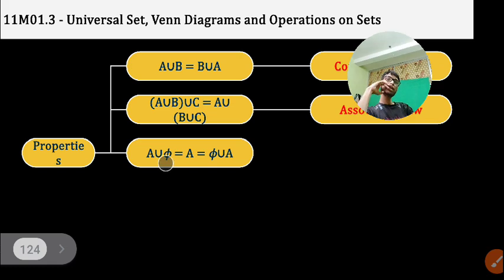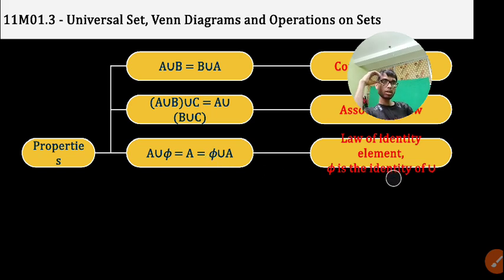Now here we are saying A union phi, this plus this is equal to A. Yes, because we have empty set, there is no element, that's why this will be equal to set A, and this is also equal to phi union A, because we don't have elements in this. Here we have only A set, that's why this will be known as law of identity elements.